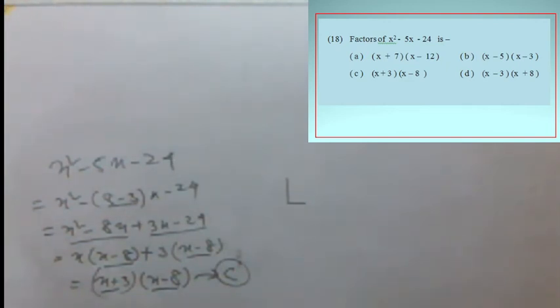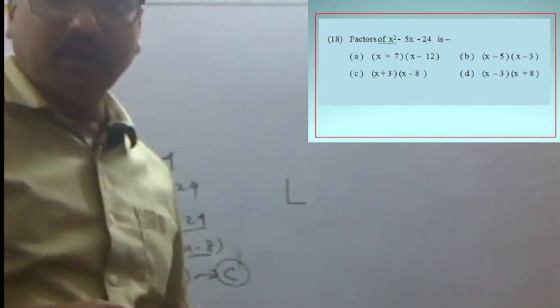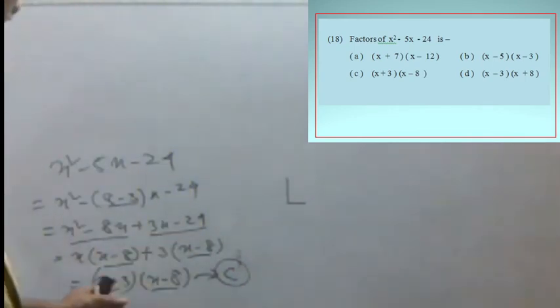Now we have to check the sign. In option B it is given x minus 3 and x plus 8, and in option D only the sign is changed. So that's why we have to check. Only one option is correct, where this is plus and this is minus.